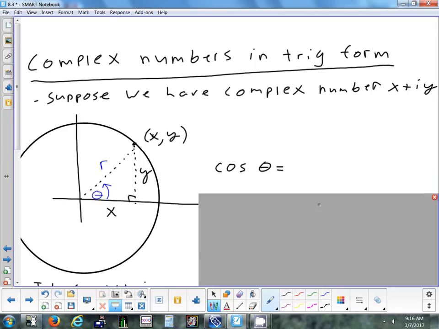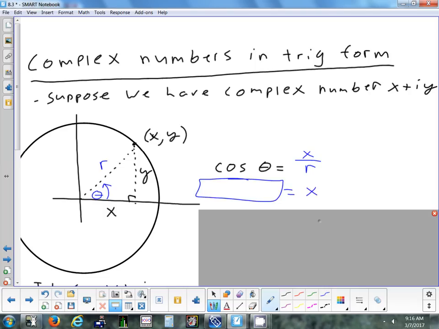So let's start with doing the cosine of theta. Well, in this triangle, what would the cosine of theta equal? Yep, it would be x over r. And now, I'd like to get x by itself. So how would you move that r to the other side?